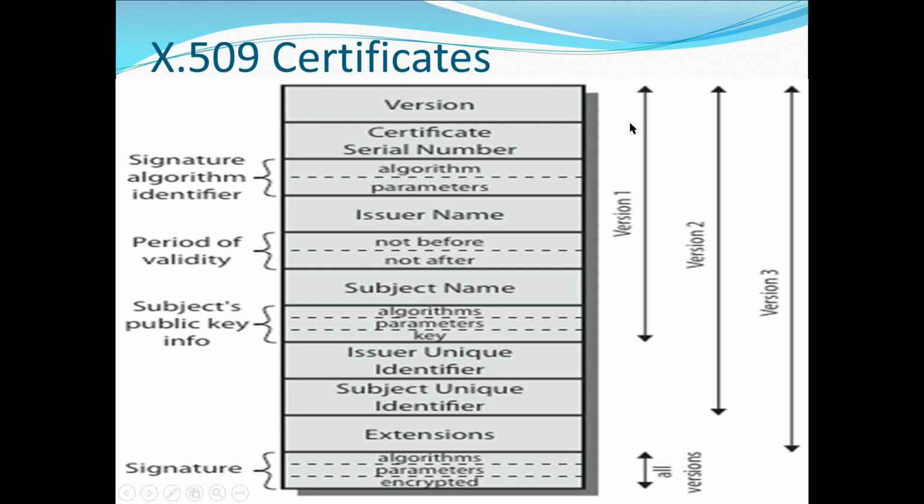These are the various. Version 1 contains all these information. Version 2 contains the issuer identification number and subject identification number. Okay, and then version 3 comes with the extension and the number of signature algorithms. Okay, all versions देखो यहाँ पे लिखा है.